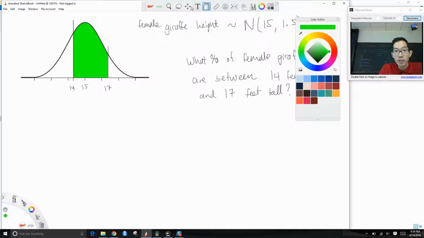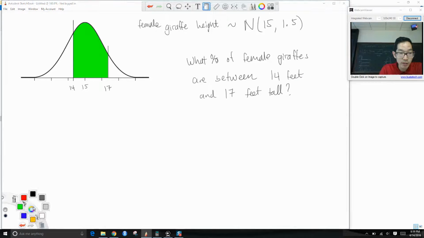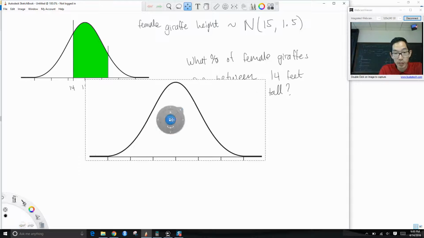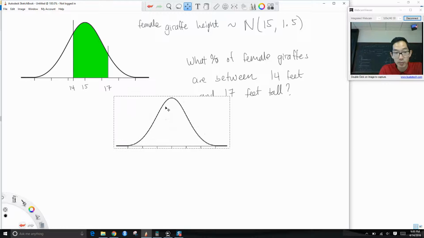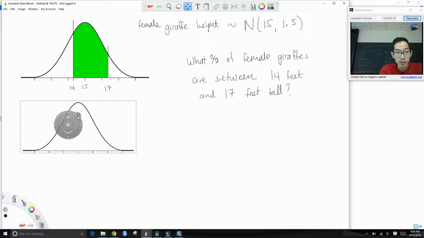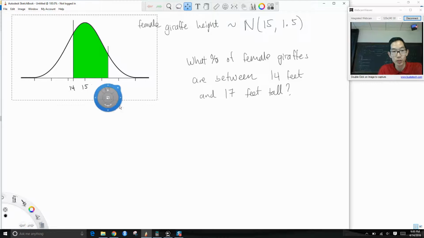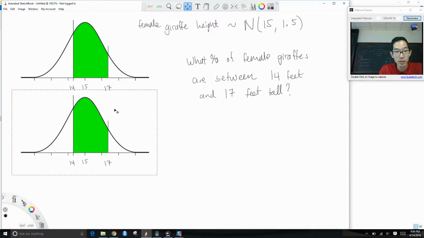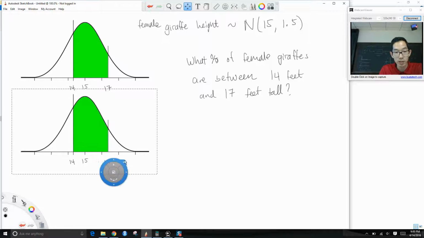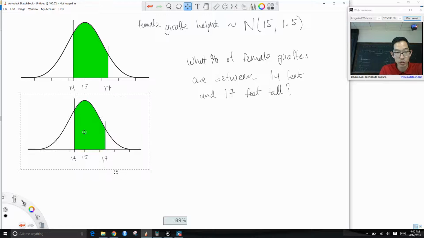Now the way we're going to get this area is by taking the area to the left of 17. Let me just draw this, and then shrink this down.